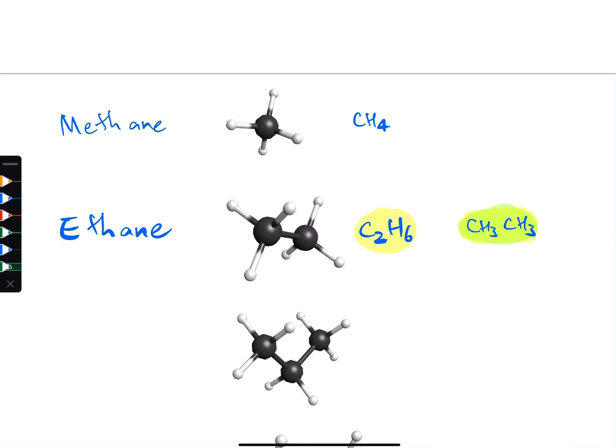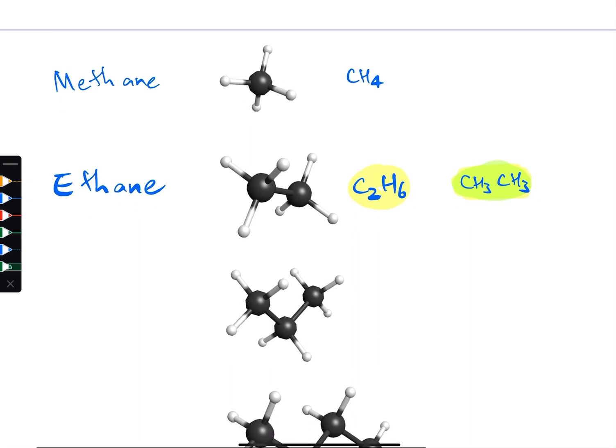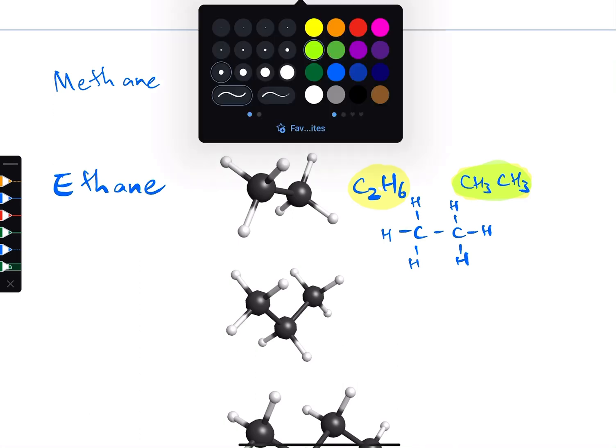There's a third way to represent this molecule, which is called the structural representation. So that thing in green is the condensed structural representation. Here then is the structural representation. I'll highlight that in orange.